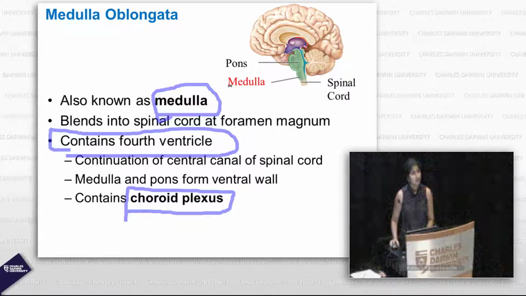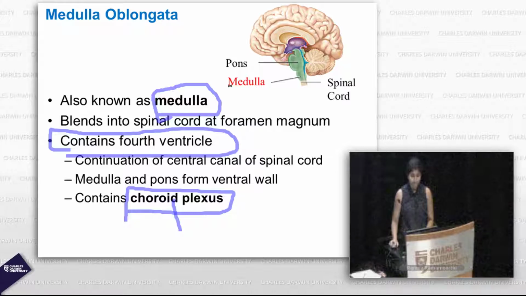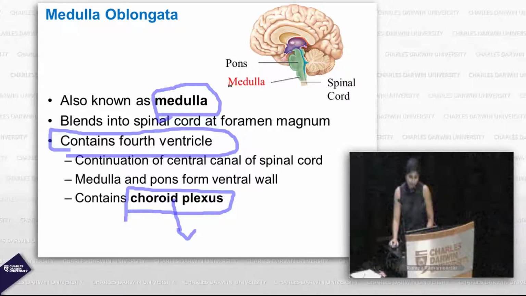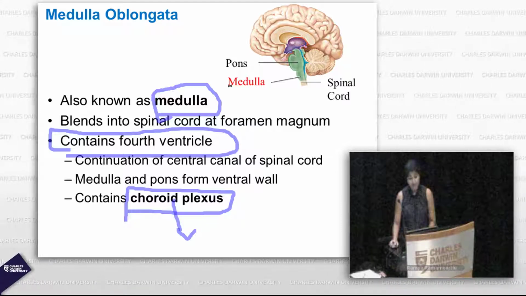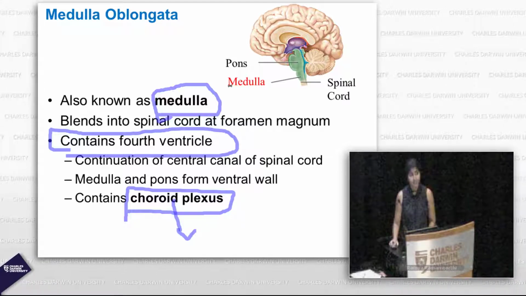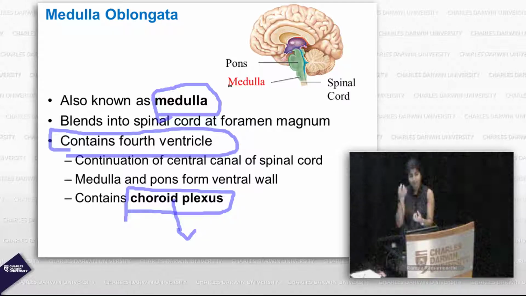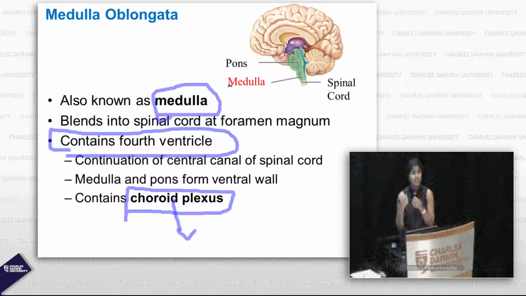Choroid plexus is mostly your capillary blood supply. It's capillary-rich, and this choroid plexus also has one other important function. It not only supplies blood to the brain, but most importantly, the filtrate formed from the blood by the choroid plexus forms the CSF, cerebrospinal fluid.